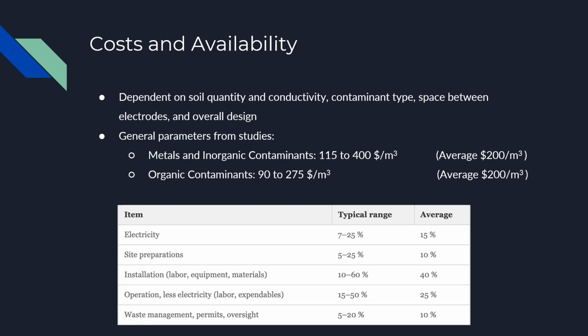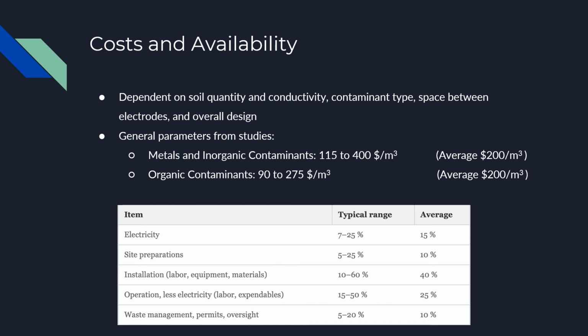The costs of electrokinetic remediation are difficult to determine, as many efforts to quantify them have come from lab or pilot scale studies. Due to the unique parameters of each site, such as soil quantity and conductivity, contaminant type, space between electrodes, and overall design considerations, it has been found that standardized costs usually underestimate the finances that go into actual field-scale implementation.